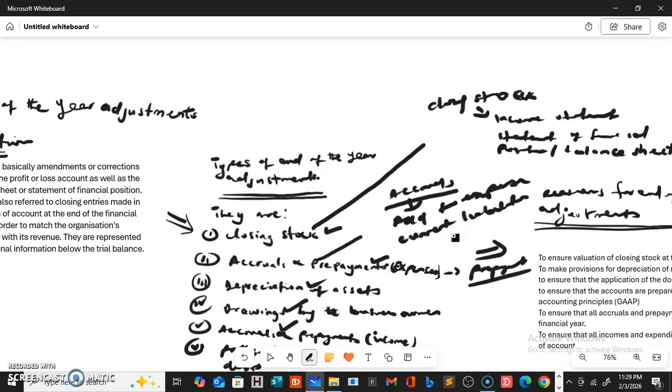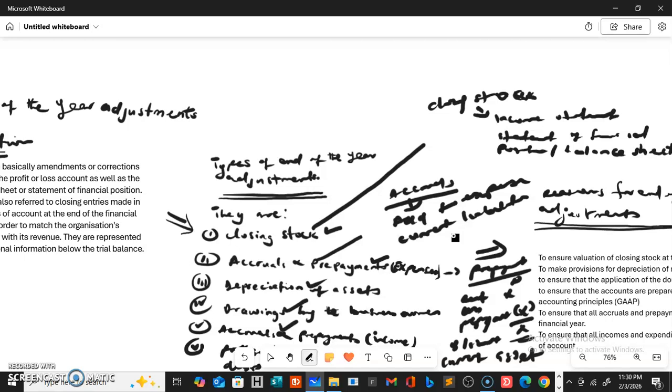For example, assuming that we paid rent in advance, we write the rent in the income statement, then we deduct the prepayment in rent, so we're left with the balance in the income statement. Then in the balance sheet, we're going to recognize it as current assets.